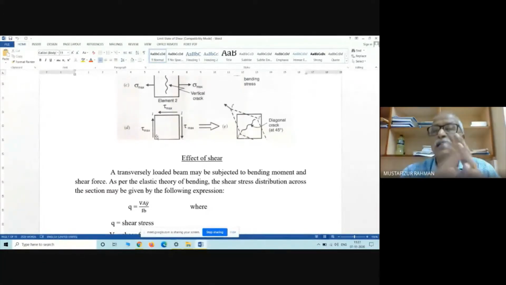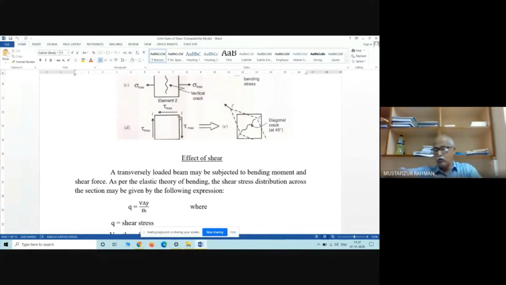So that is the magnitude we have to find out. And since along this line there is a possibility of tension, this tension failure is to be resisted.